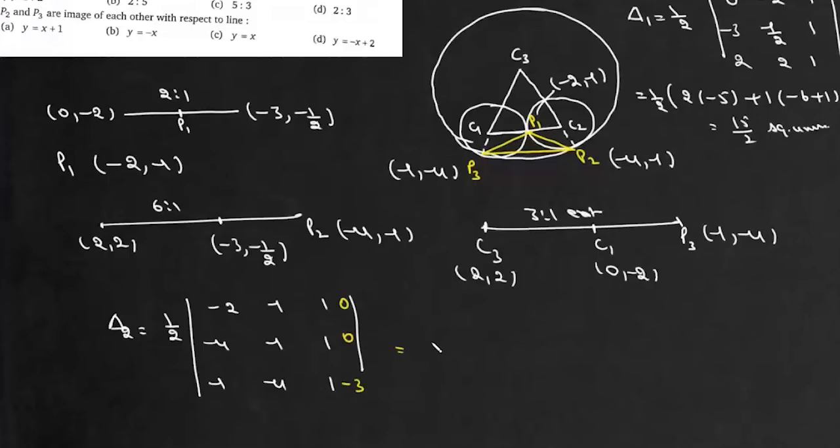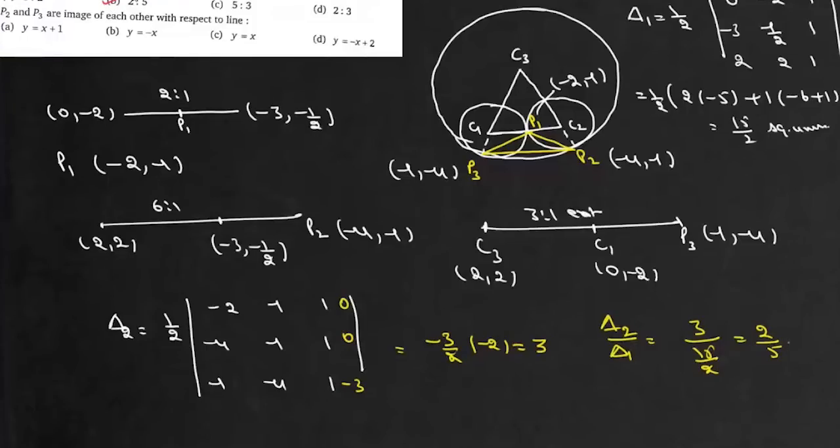So it will be minus 3 by 2, and this is 2 minus 4 minus 2. So this area will be simply 3. Now we have to find ratio of these areas, delta 2 upon delta 1. Now delta 2 is 3 and delta 1 is 15 by 2. So this ratio is 2 by 5. And that's your option B.